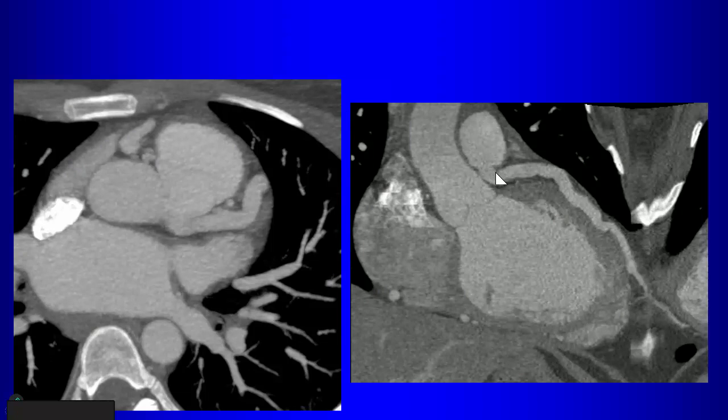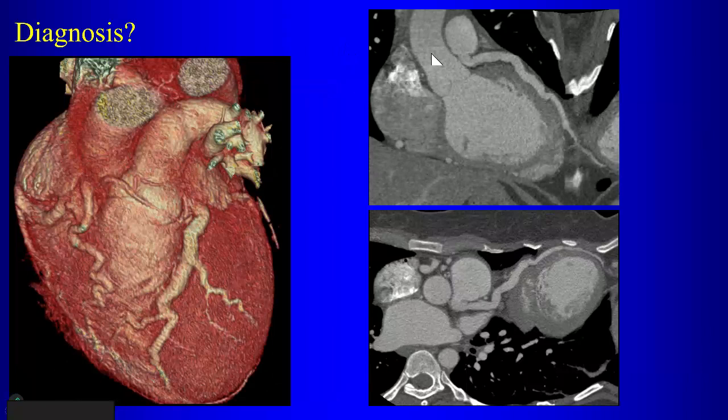So we have a coronary artery here that's originating from the pulmonary artery. And here we can see that this is the left main coronary artery, originating from the pulmonary artery here, right? So what is this called? ALCAPA, or anomalous left coronary artery from pulmonary artery, right?